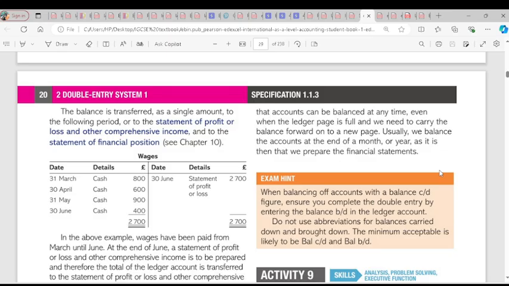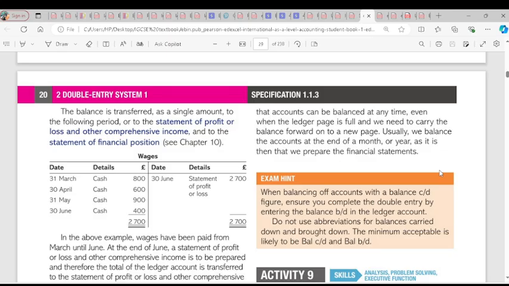But in the wages account, the difference between the debit side and the credit side is what we need to understand. So what if the debit side is lesser than the credit side? You balance it up on the debit side. If the credit side is lesser than the debit side, you balance it up on the credit side. If you are balancing it up on the credit side, you have balance carried down, balance CD.